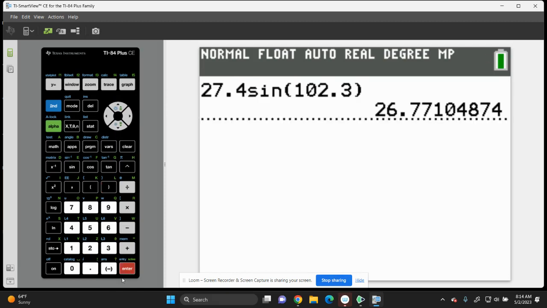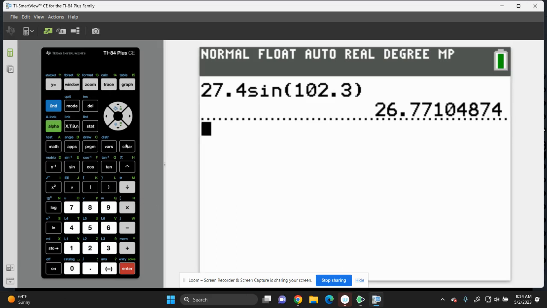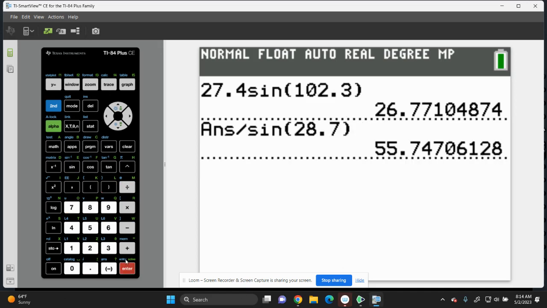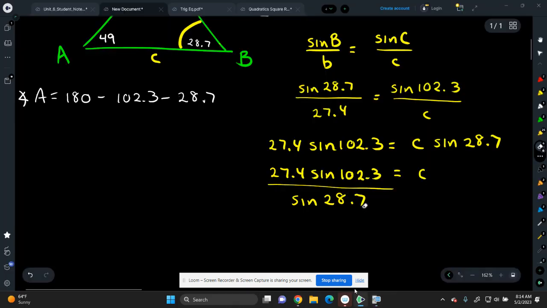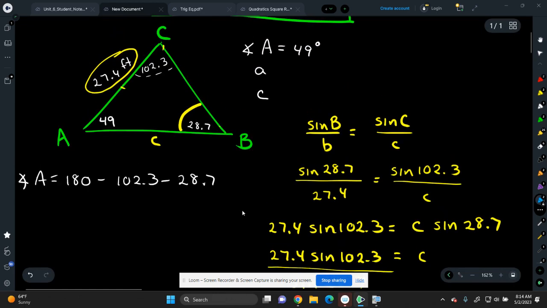And we get 55.747. Now, looking at my triangle, all of my answers are rounded to the 10th place.